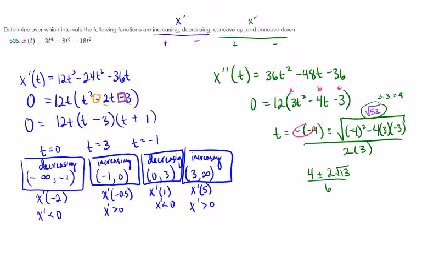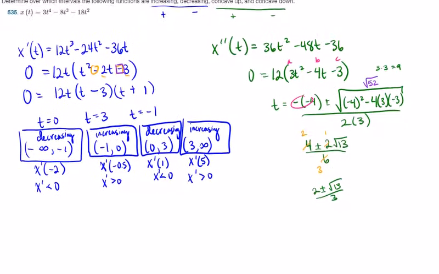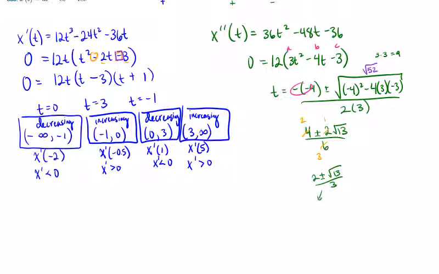Let me know if you need help with simplifying radicals and things like that. I know it's probably been a while. So this is 2, this is 3, this cancels out to 1. And so we end up with 2 plus or minus root 13 over 3. And remember that that's really two different values. That's 2 minus root 13 over 3, and 2 plus root 13 over 3.